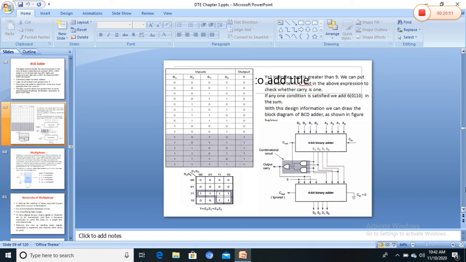In the third case, where the sum is less than 9 but the carry is 1, the carry output of adder 1 is high, so y dash becomes high. So B3, B2, B1, B0 of adder 2 are 0, 1, 1, 0, we add the number 6 and we get the corrected BCD result at the sum output of adder 2, and thus the 4-bit BCD addition is carried out by using the binary adders.